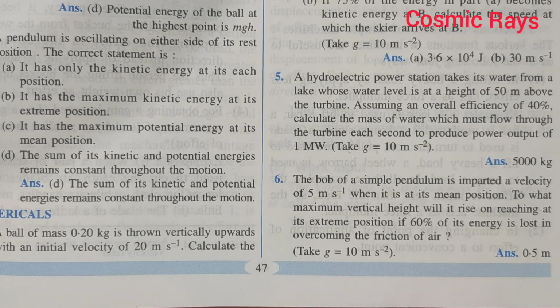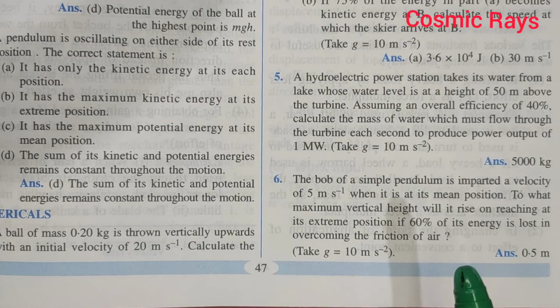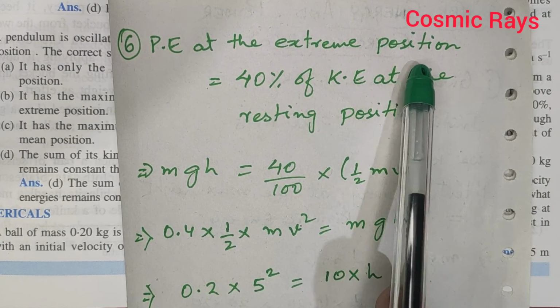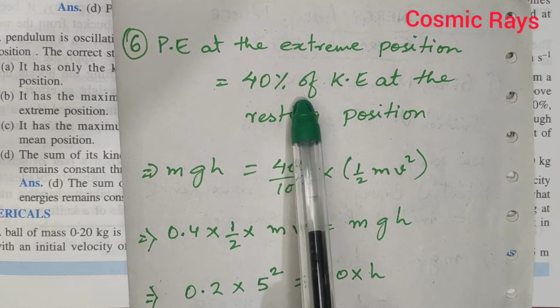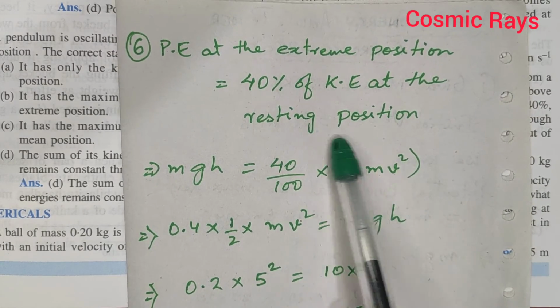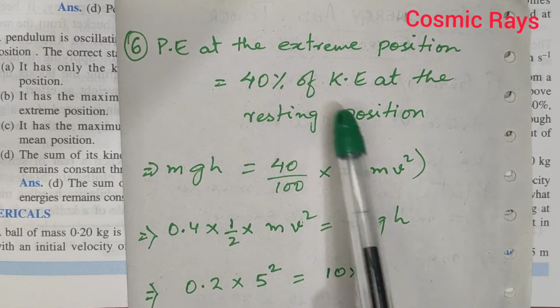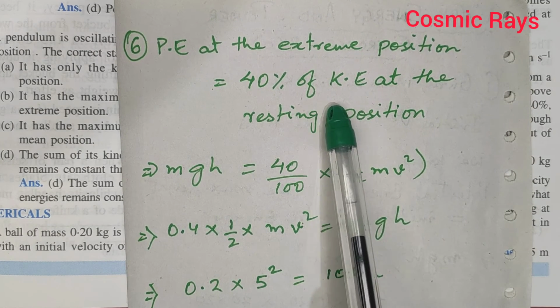So 60% is lost, that means we have only the 40% energy of the initial kinetic energy of the resting position, which will be the potential energy at the extreme position. So here we have written that the potential energy at the extreme position is equal to 40% of the kinetic energy at the initial position or the resting position, because 60% is lost due to the air friction.